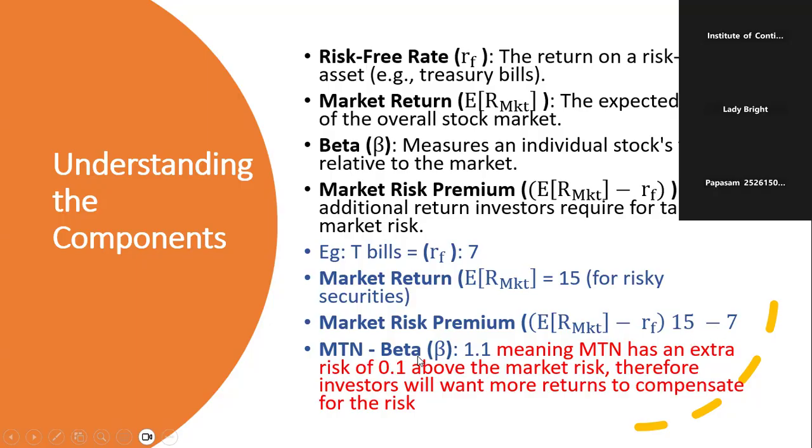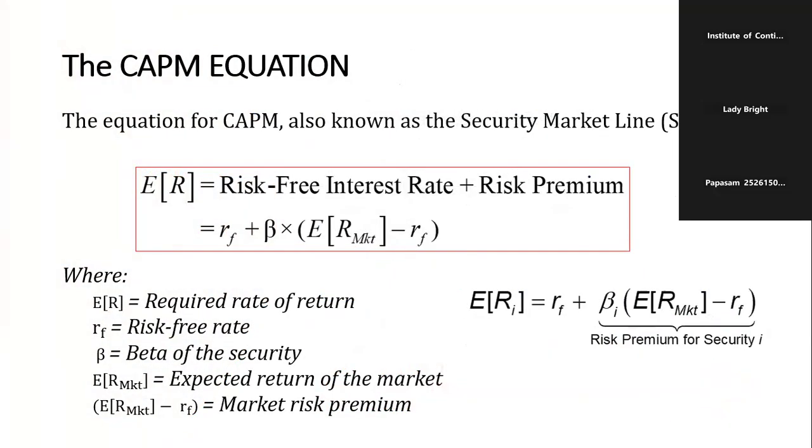Then you have beta, which is denoted for each company's risk, whatever risk comes with the company. You multiply that market risk premium by the beta, the risks attached to that stock.